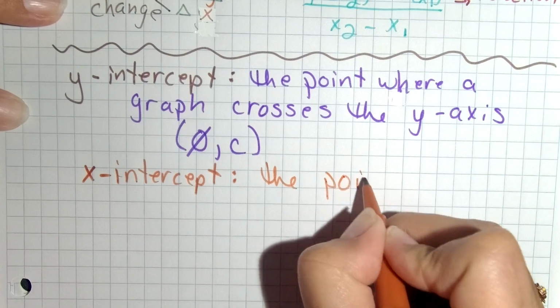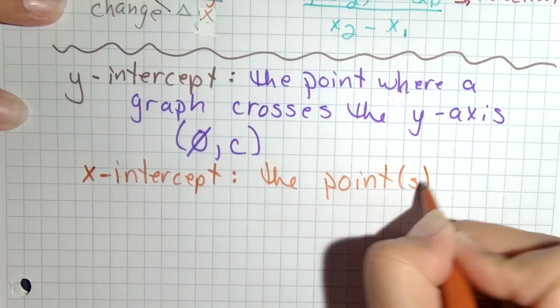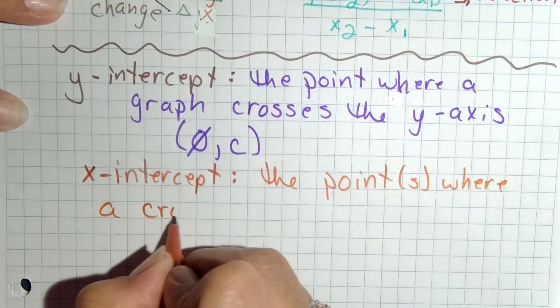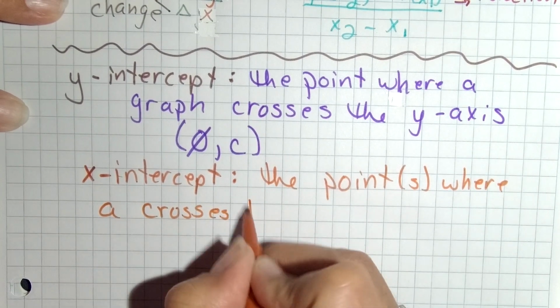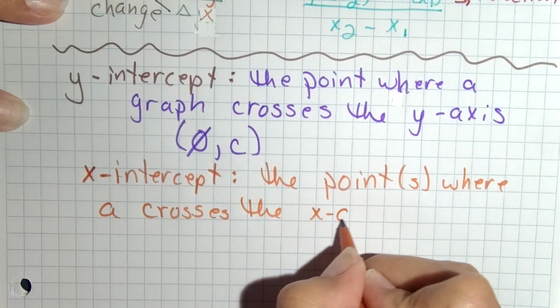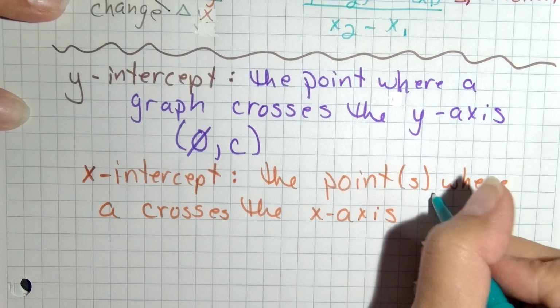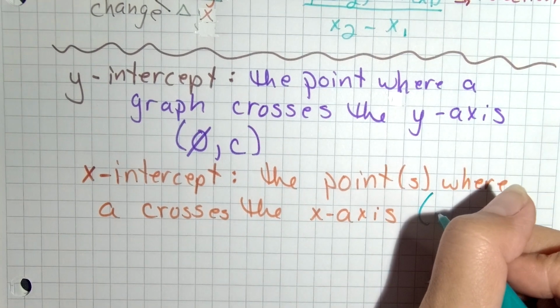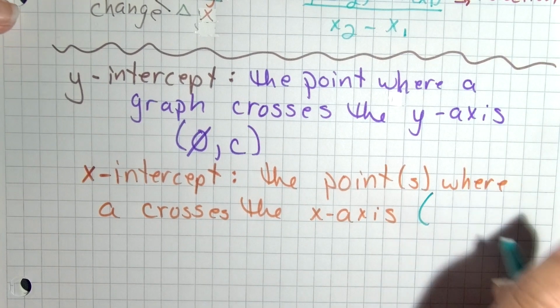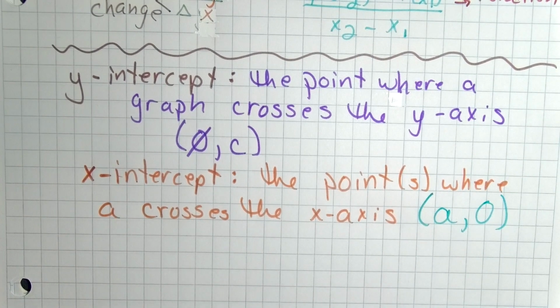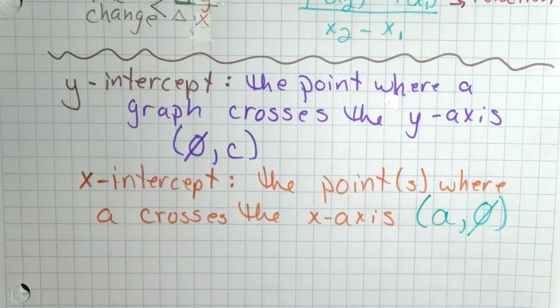So we're going to say the point or points where a graph, thank you, Joaquin, crosses the x-axis. That has coordinates, excuse me, of a, 0. So for the intercepts, there will always be a 0.